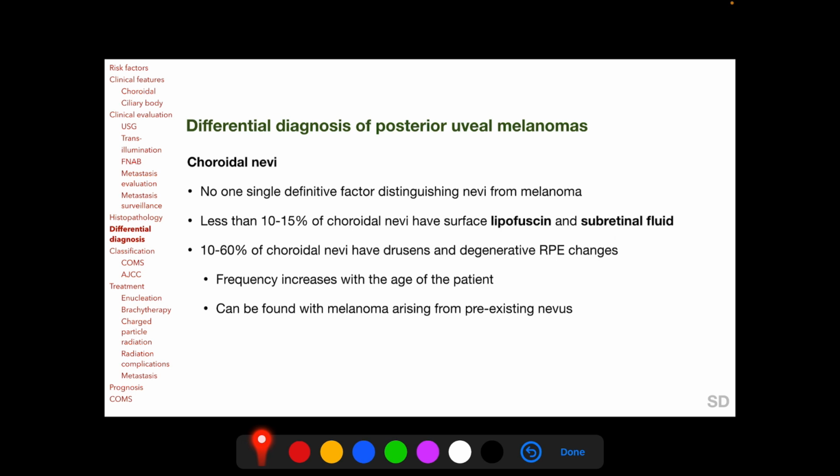On the other hand, 10 to 60%, and not all, choroidal nevi which remain benign on long-term follow-up demonstrate drusen and degenerative RPE changes, surface features suggesting benign nature of a choroidal melanocytic lesion. Frequency of drusen and degenerative RPE changes increases with the age of the patient, and drusen and degenerative RPE changes can also be found with choroidal melanomas arising from a pre-existing nevus.